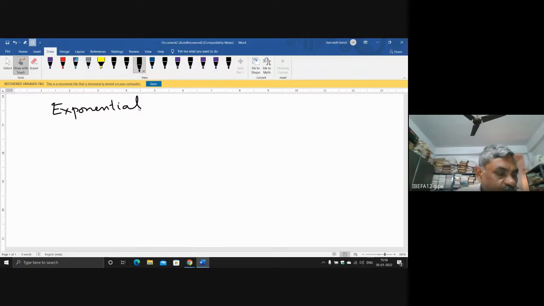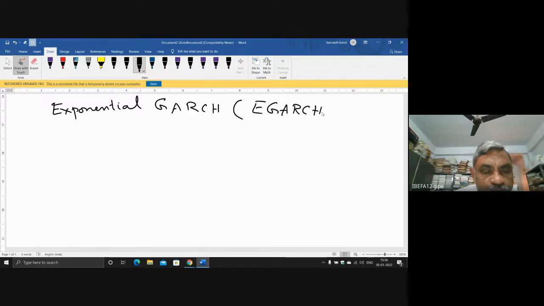As you go along, when you start working and estimating the models, you will have more information on these models. The next, the most influential, is the exponential GARCH, also known as E-GARCH in abbreviation form. So what do these E-GARCH models tell us? They capture thick tails.